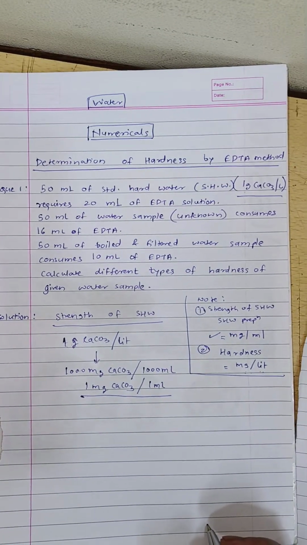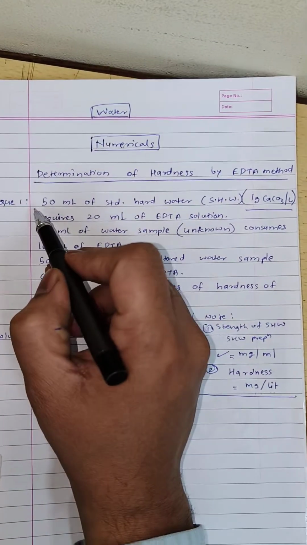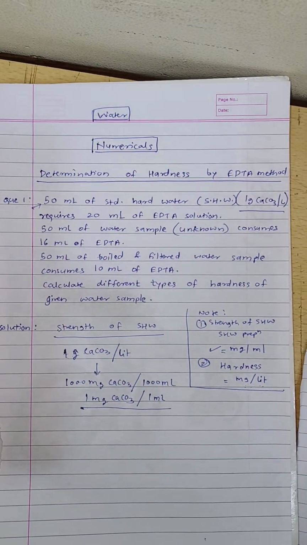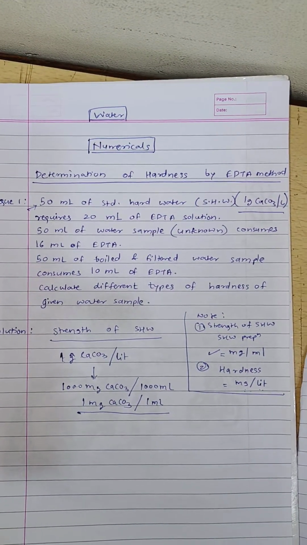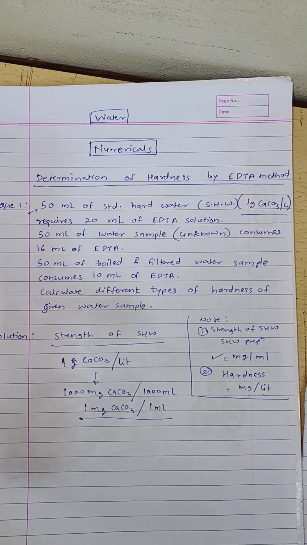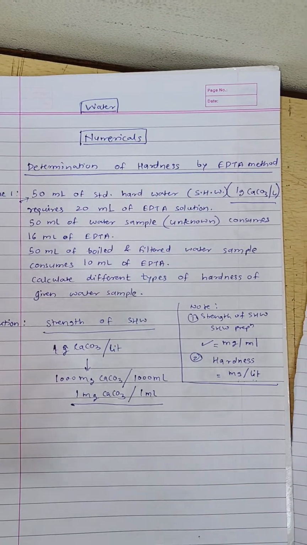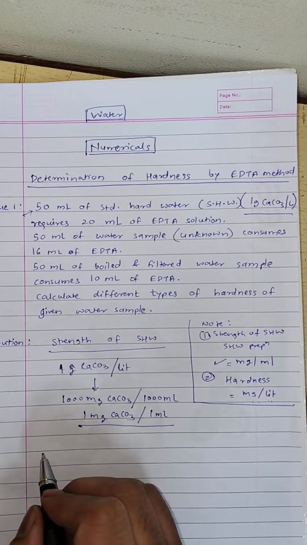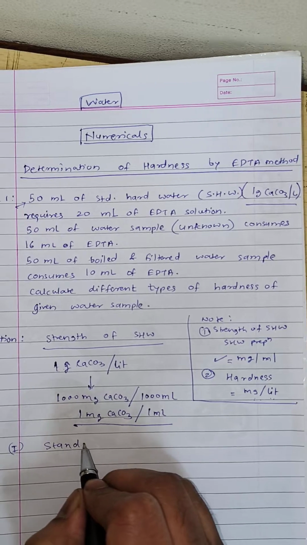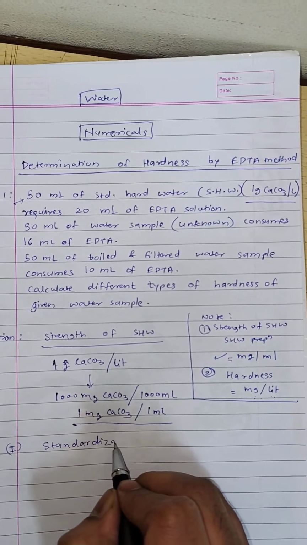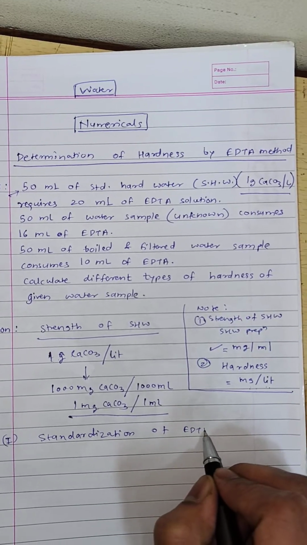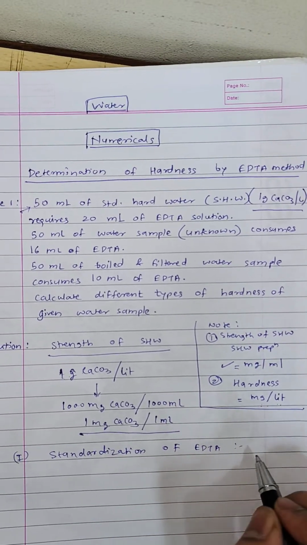Now we'll read the first sentence. 50 ml of SHW, which is prepared by 1 gram of CaCO3 per 1 liter, that means 1 milligram per 1 ml, requires 20 ml of EDTA solution. So first you can write the first part: standardization of EDTA.